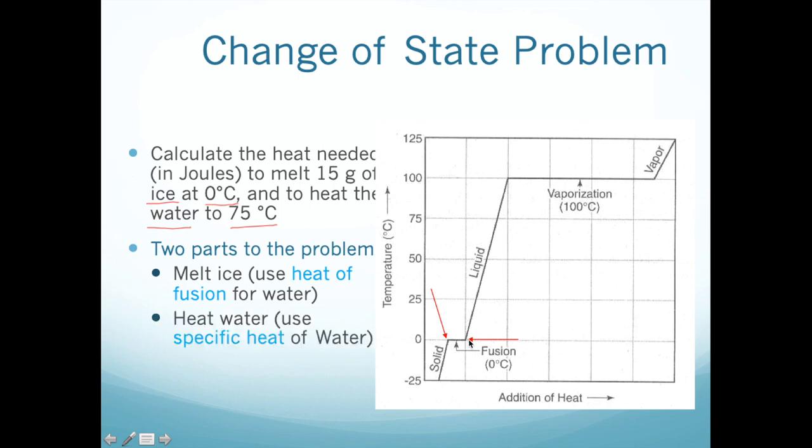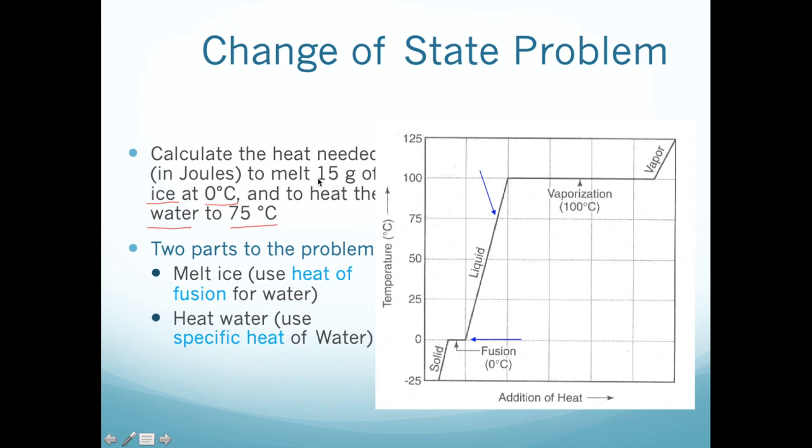Secondly, we're going from liquid water at 0 degrees Celsius to liquid water at 75 degrees Celsius. Notice that it's still water during this step, but its temperature is changing. Our final temperature is 75 degrees Celsius, our initial temperature was 0 degrees Celsius, a difference of 75 degrees Celsius. So we have a delta T here.